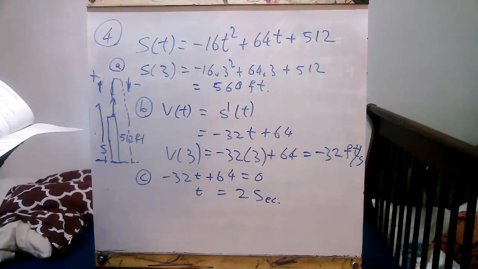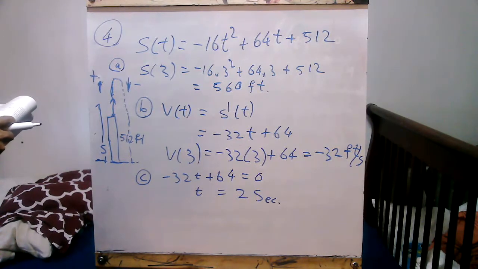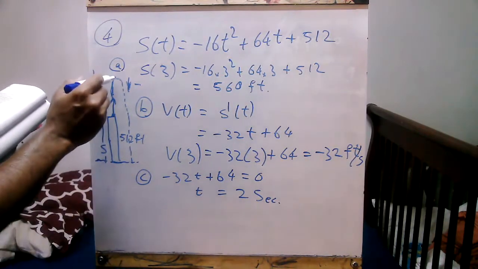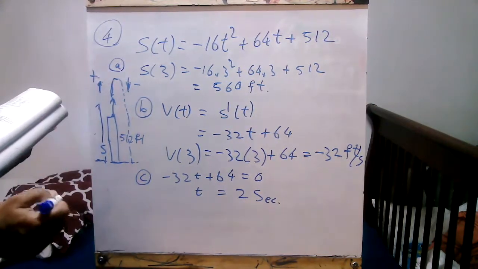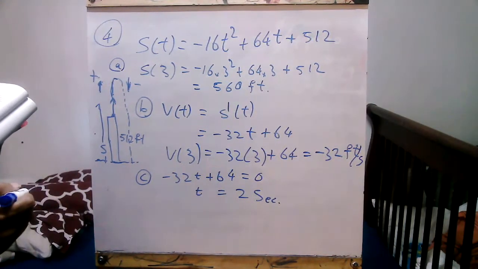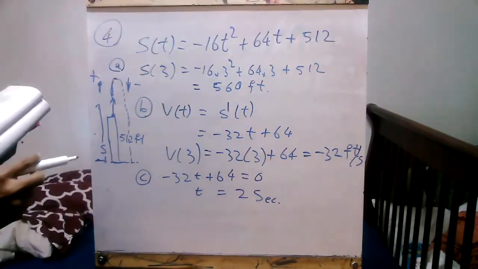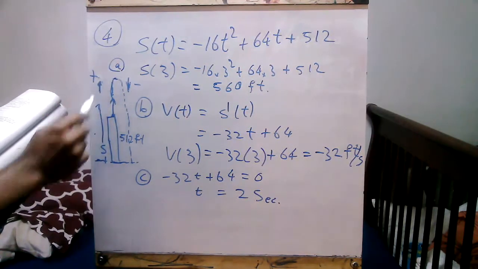Part D, what is the maximum altitude reached by the ball? At the maximum, think what could happen. Its velocity should be 0. So what we can do is find the time at which the velocity is 0.